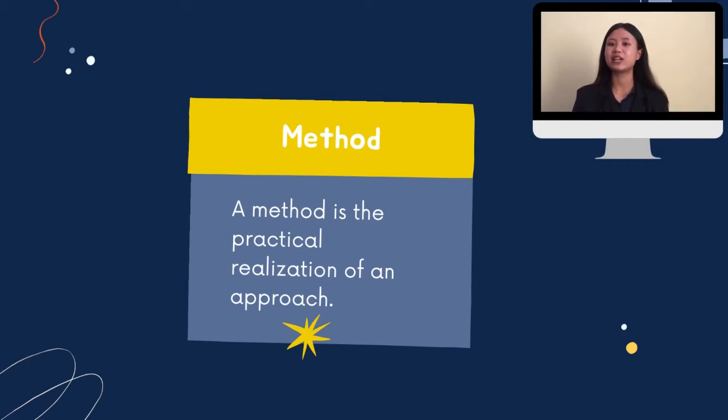The second one is method. A method is the practical realization of an approach. The originators of a method have arrived at decisions about types of activities, roles of teachers and learners, the kind of material which will be helpful, and some models of syllabus organization.